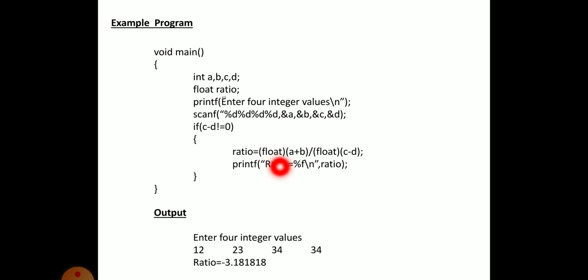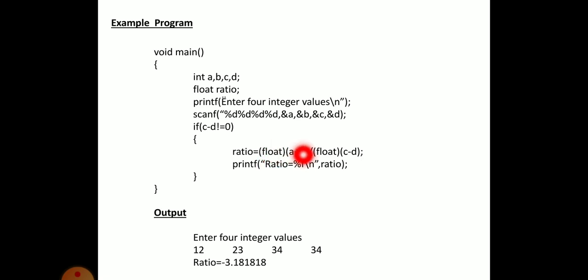So, when we calculate the sum of A plus B, it should be converted to a float value, because we are assigning this value to the variable ratio, which is declared as a float variable. So, this is the typecast operator that is used to convert integer to a float type.